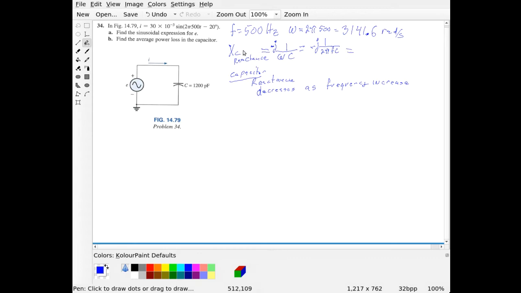So the capacitive reactance in this term is minus J, and then 1 over 3141.6 times 1200 e to the minus 12 picofarad.